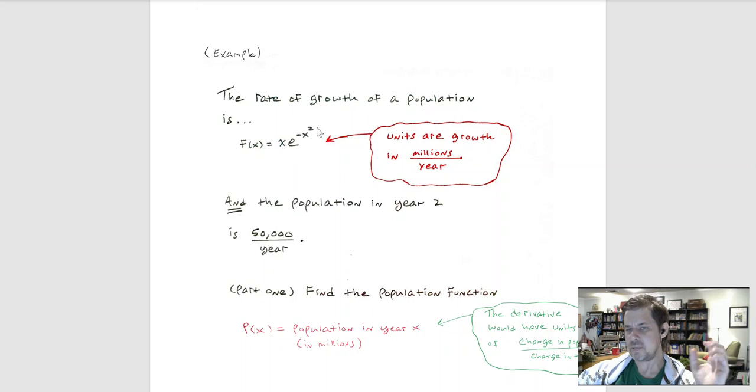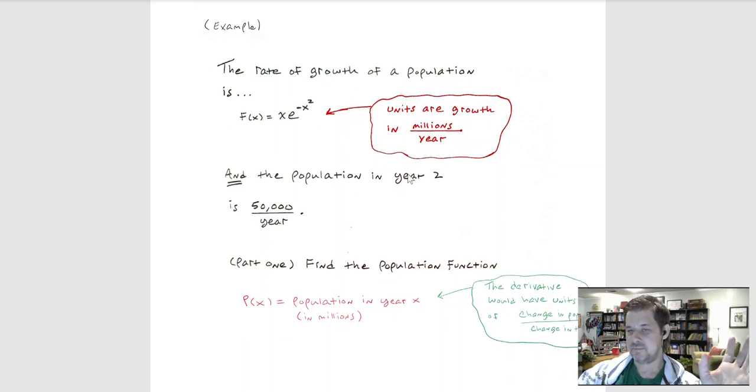So it's given that this function measures the rate of the growth of a population, how fast it's growing, but the units are in millions per year. So if this function gave us the number 5, that would mean that the population was growing by 5 million per year, okay, at that time, like whatever time was. All right, so that's what that function does, tells us how fast the population is growing.